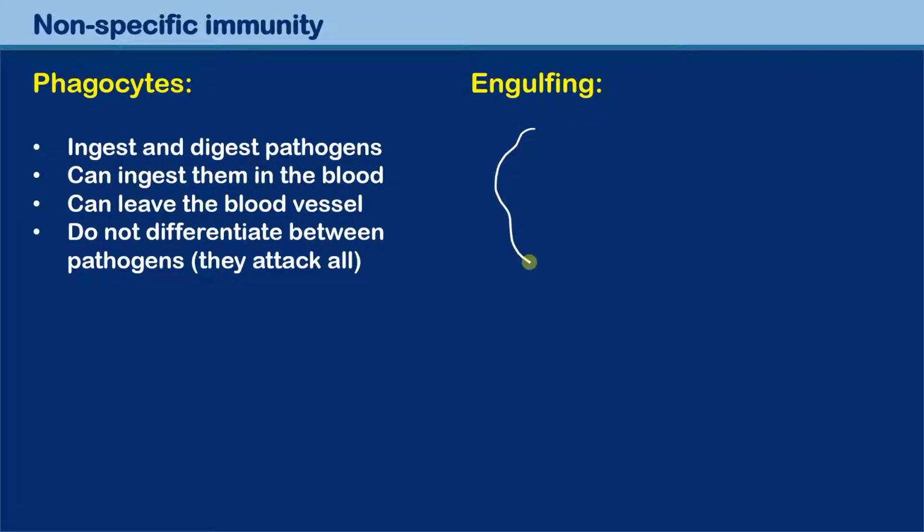You have over here your phagocyte, and it's a cell membrane. I'm going to draw over here the nucleus, and of course the phagocyte moves around. And what happens is, if it encounters a pathogen, let's say a bacterium or whatever, let's say that this is my pathogen over here.